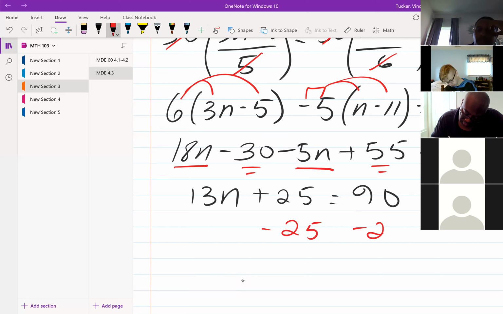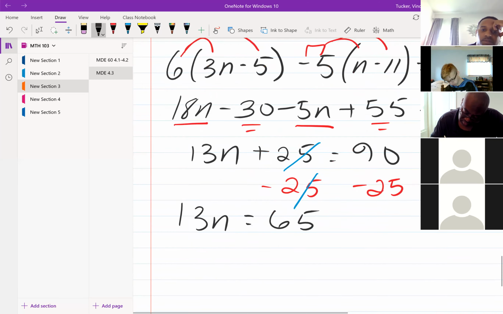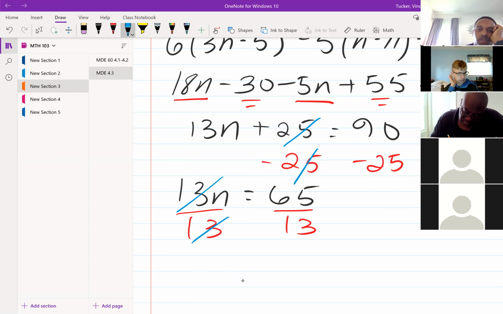Subtract 25. 13n is equal to 65. Then we can finish it off by dividing by 13. n is equal to 5.